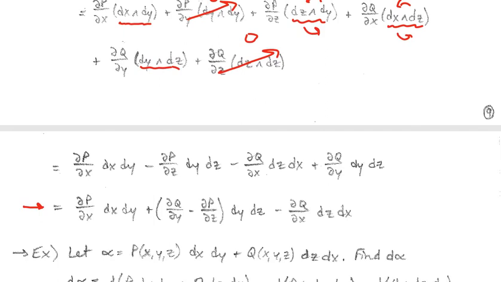And we're going to find the differential or the derivative of alpha, this two form here. Now, we know that we should come up with a three form. So we know that our final answer should be some stuff times dx dy dz, or any equivalent cyclic order of that.